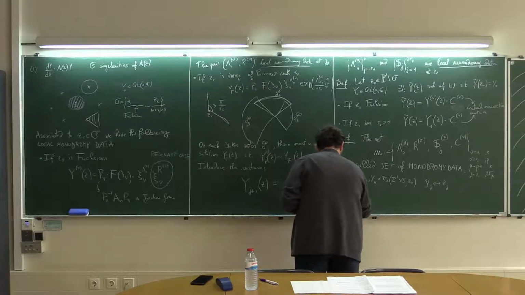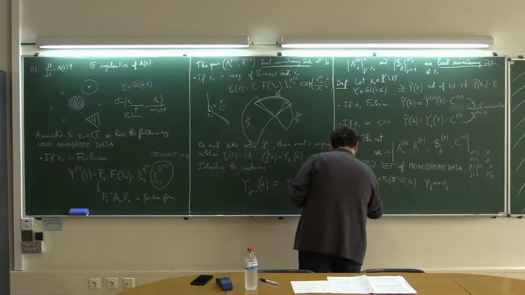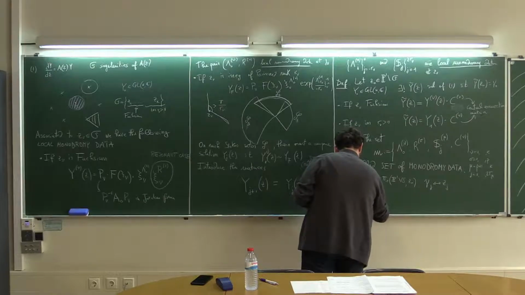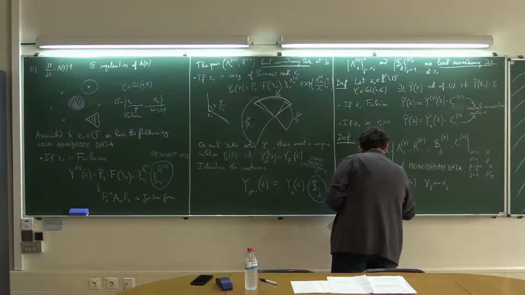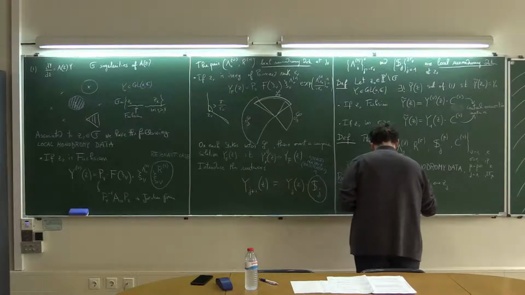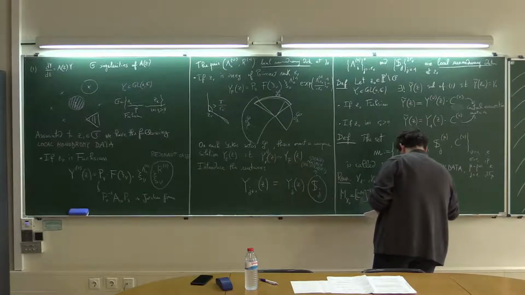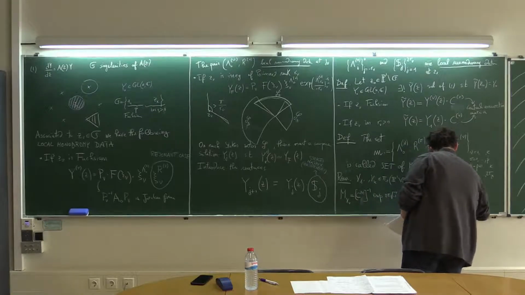The monodromy matrix of gamma nu equals C nu inverse times the exponential of 2 pi i lambda 0 nu times the exponential of 2 pi i r nu times C nu.